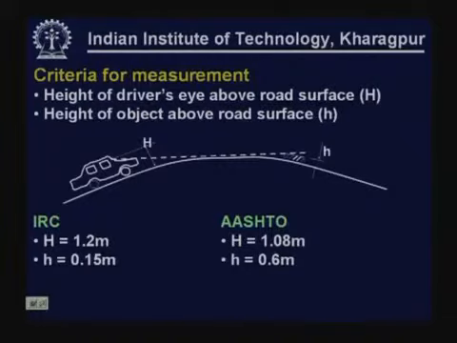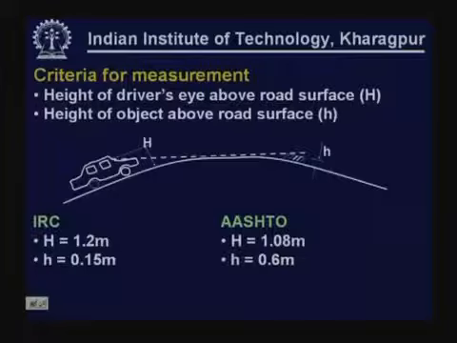As per AASHTO, American Association of State Highway and Transportation Officials, the height of the driver's eye above road surface is considered as 1.08 meter and the height of the object above road surface is taken as 0.6 meter. These are design values.